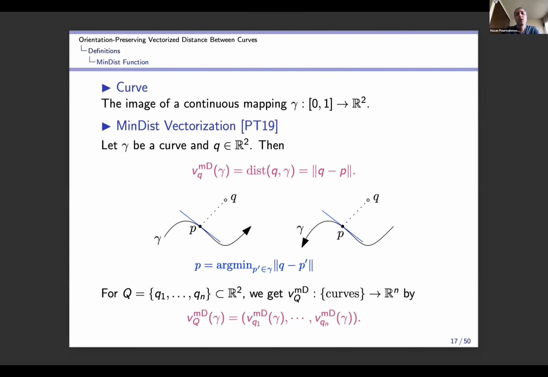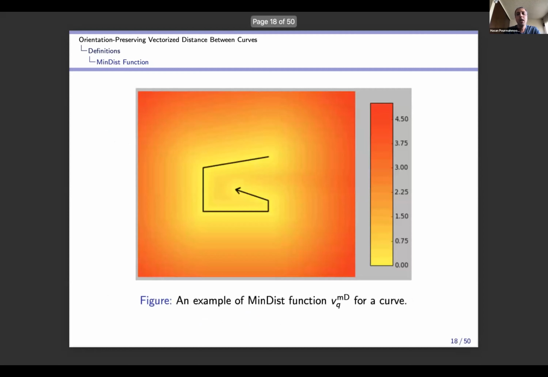They choose some points as landmarks in R^2, and then have a feature mapping from curves to R^n by vectorization of the v function. This is a pictorial view that shows when we go further away from the curve, the function value increases.